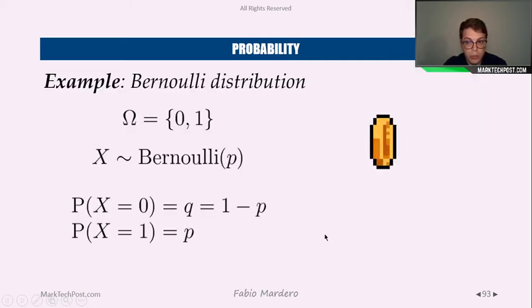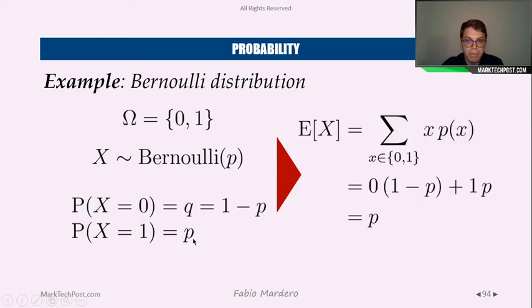Let's compute the expected value and the variance, for example, using a Bernoulli distribution. We remind that it's like a coin flip, and we have the probability of x equal to 0 is equal to 1 minus p. The probability of x equal to 1 is equal to p. So here the expected value of x is equal to the sum.